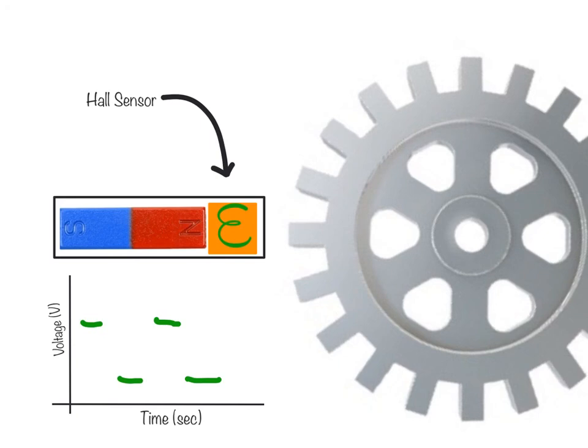And over a period of time, within a minute, we could use that to calculate the number of rotations that has occurred in that minute. Now this is a square wave, and that's very easy to convert into the number of rotations per minute. So that's just one of the really cool Hall effect uses.